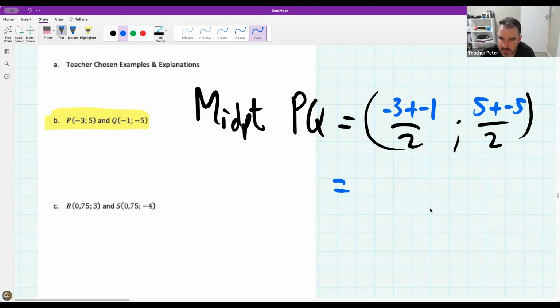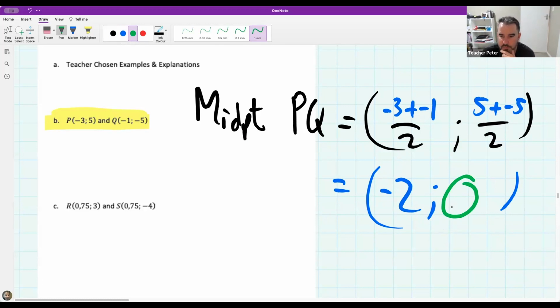What are we going to get as our final point? So -3, take away 1 is -4, but over 2, so I get -2 for that bit. And then 5 plus -5 is 0, and 0 over 2 is always 0. And so the midpoint is the point -2, 0.